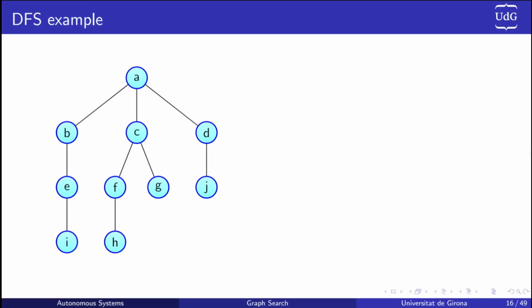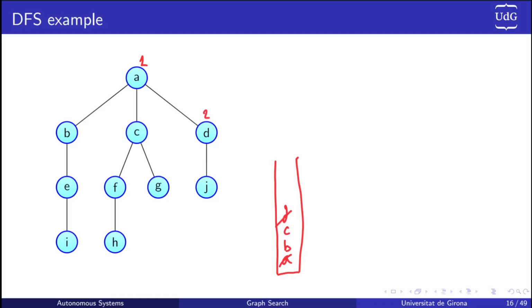If we try to do that using the stack, we will stack first the A. The moment we remove A, it's because we are analyzing A, so this is the first node that we analyze. We put all the children of A, then B, C, and D. The first one that we remove is D. Then this is number 2.